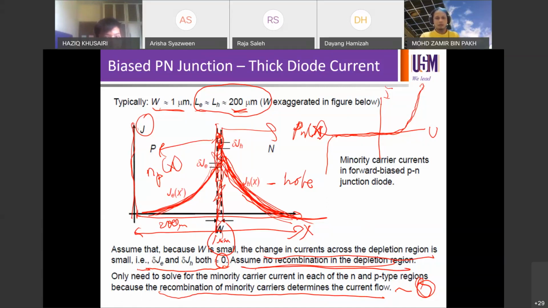At that point, you're going to need to relate the device operation and principles with the physics behind it, including recombination, diffusion length, minority carrier concentration, majority carrier concentration, to better understand the device operation or device physics.